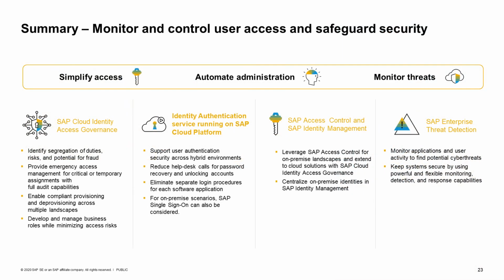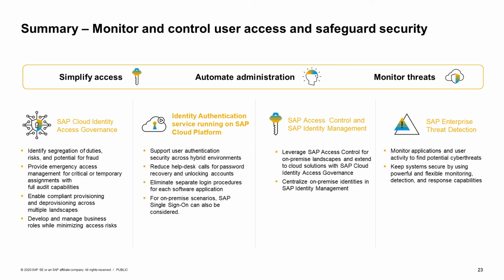So to summarize, we looked at simplifying the access to get into the system through an automated workflow kicked off by SuccessFactors on the onboarding side, going through centralized identity management, doing segregation and risk mitigation checks through identity access governance or SAP Access Control, Identity Authentication Service, and also Identity Provisioning Service run on the SAP Cloud Platform to help with authentication and also provisioning up to the cloud.